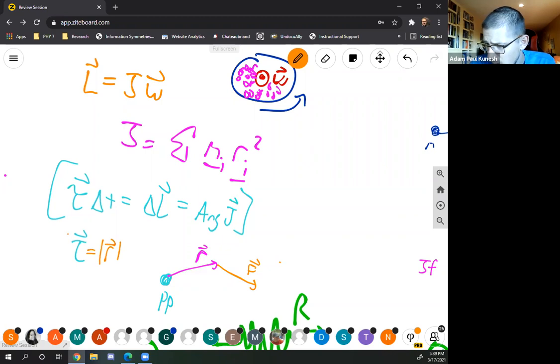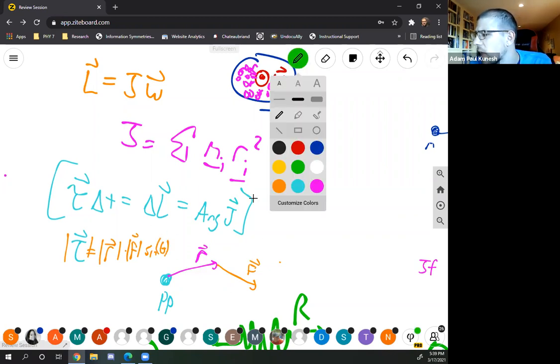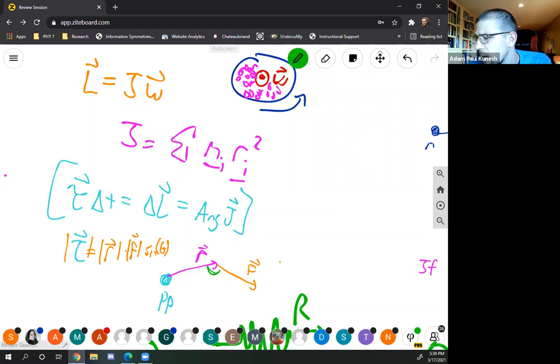So magnitude r times magnitude F times the sine of theta. So that tells me the magnitude of my torque. The angle, that theta, is measured between r and F. There's my theta.